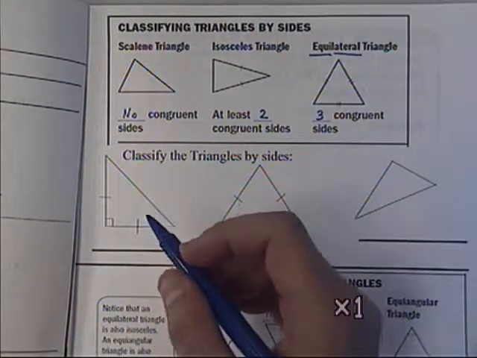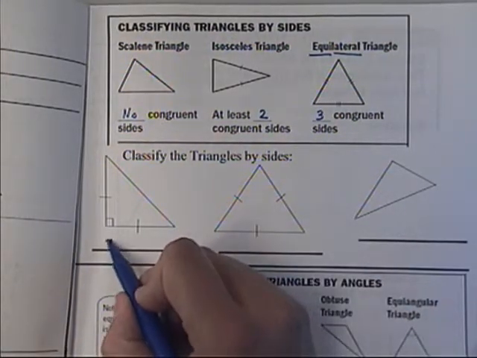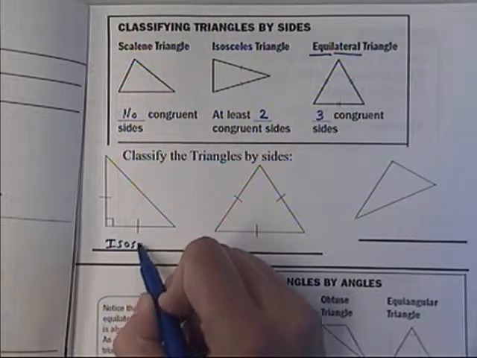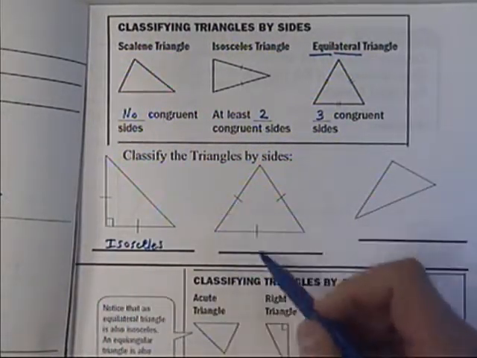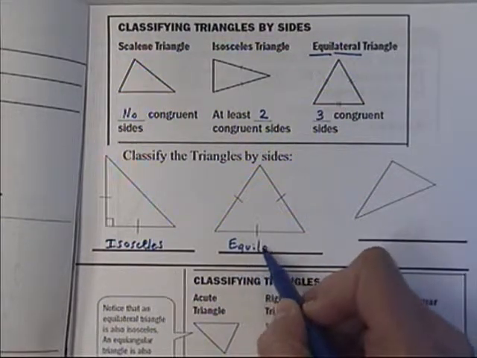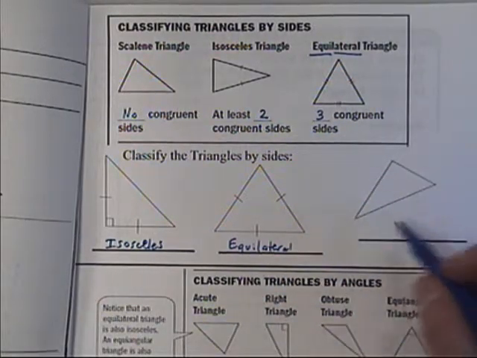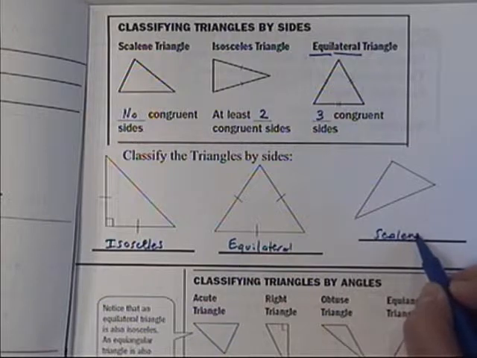So this one is called an isosceles. This one has all three sides the same, therefore that would be equilateral. And this one, none of the sides match, so that is called scalene.